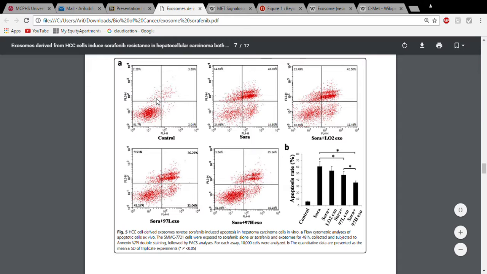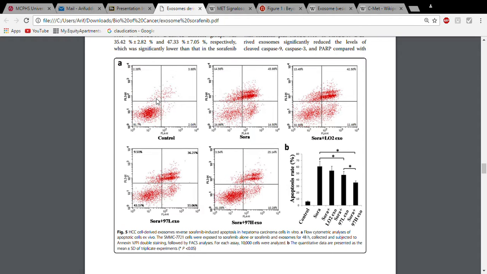Now we're going to examine each of these. The control didn't have any drug or any exosomes present in the sample, and remember, this is in vitro. You can see 91% are healthy, normal living cells, which is not out of character at all.